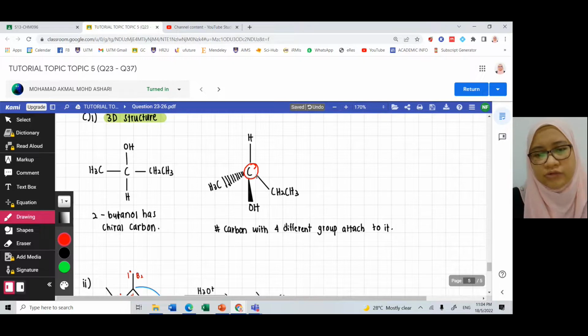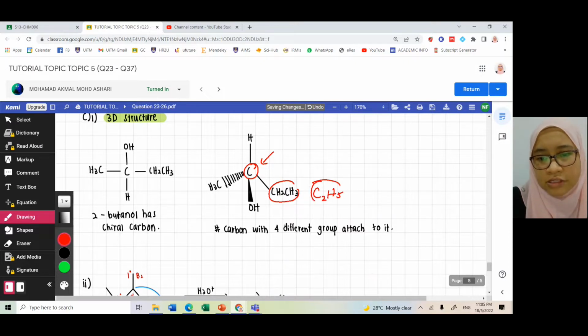Okay, and then the rest you would need to compress everything so that the focus will be on the chiral carbon. Okay, just compress jadikan CH2, CH3. So it's better to write it this way rather than to combine everything like this, C2H5. I would not suggest you to transform this ethyl group into this.